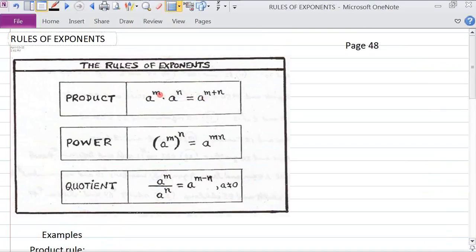And you'll notice here on the product rule, we have both bases shown here, so we just add these. Okay, here we have the power rule, and there's a bracket, and here we multiply the m times the n. And here on a fraction, when we bring the n up, it becomes minus n.